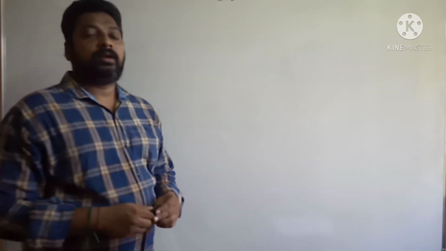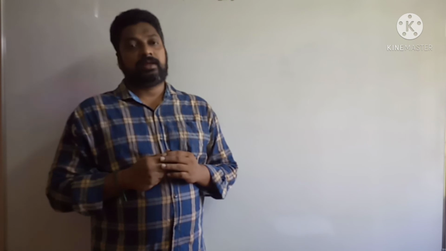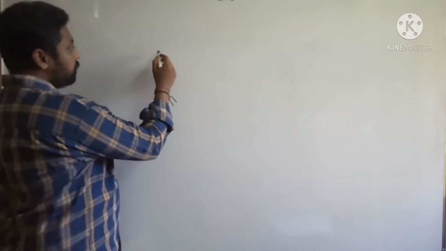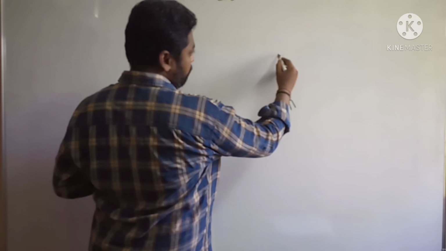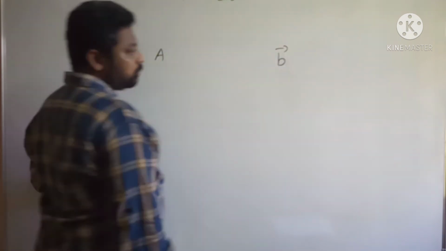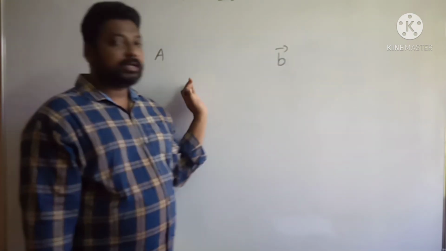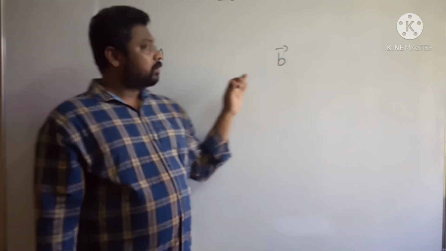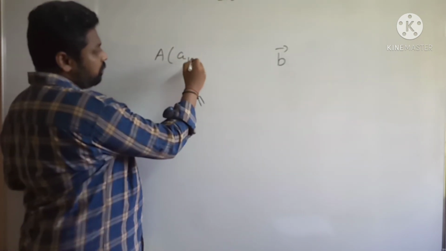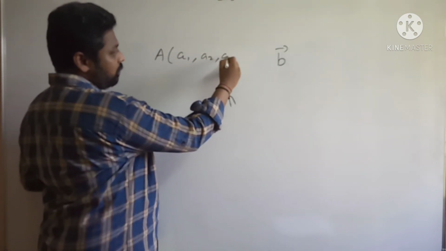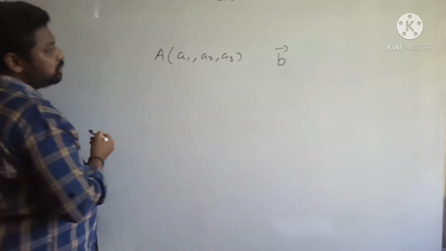Fine. Now, finding the equation of a line that is passing through a point A and parallel to a vector B. So the given line is parallel to the vector B and passes through the point A. Let the point be A1, A2, A3. What is the position vector?